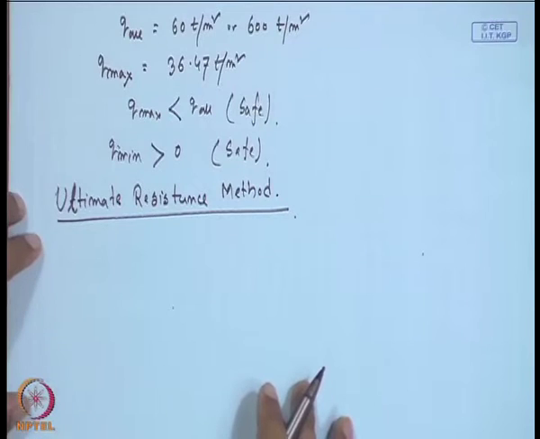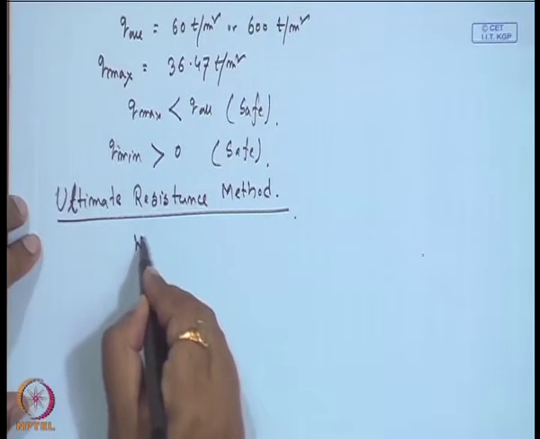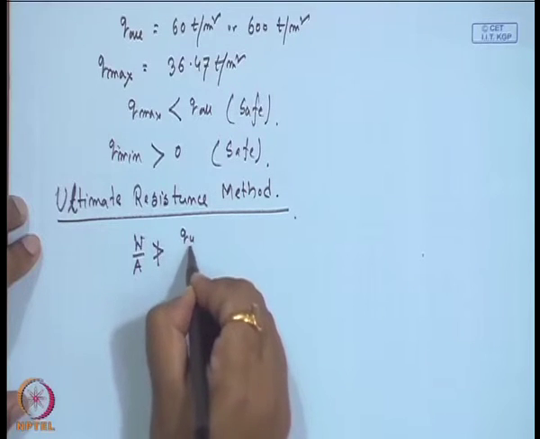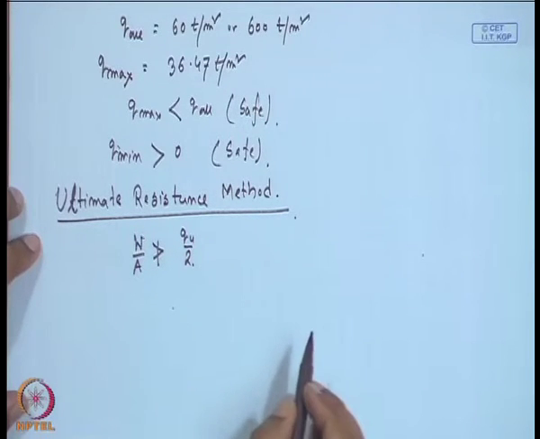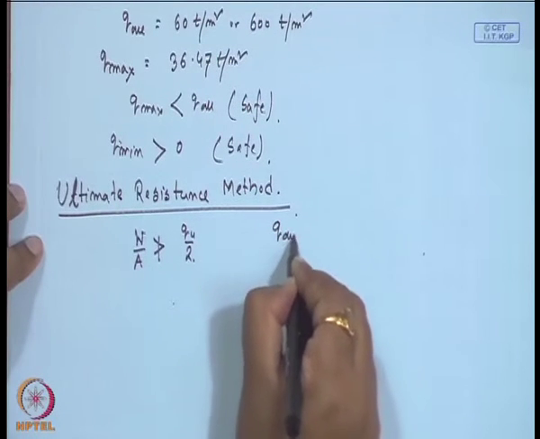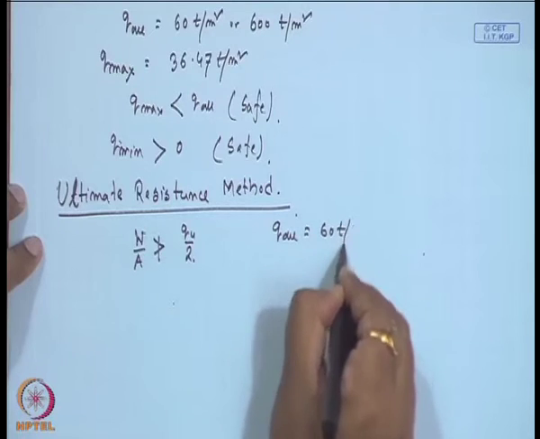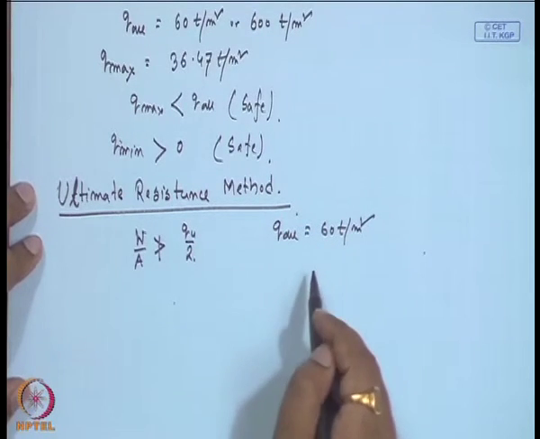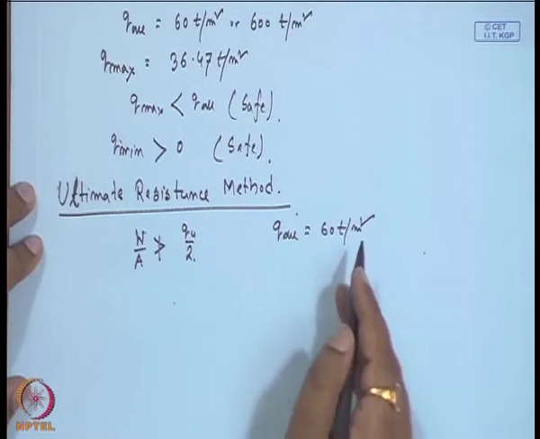here first we have to calculate W by A, which should not be greater than Q ultimate by 2. Now, here Q allowable is given as 60 ton per meter square, and generally the factor of safety applied is 2.5 to 3.